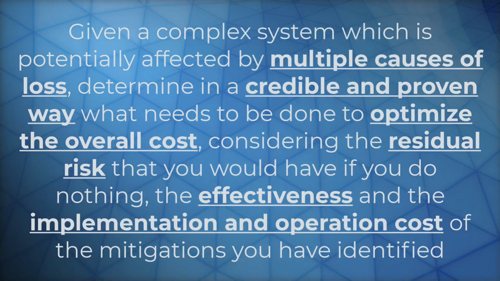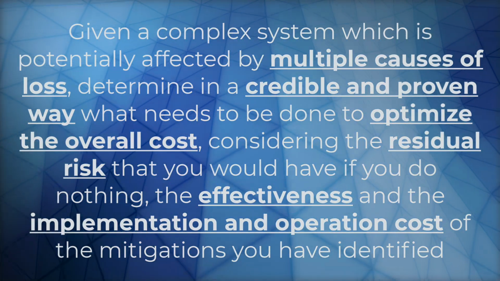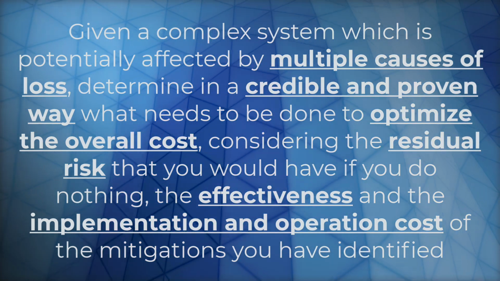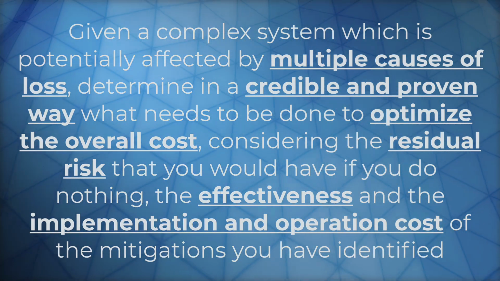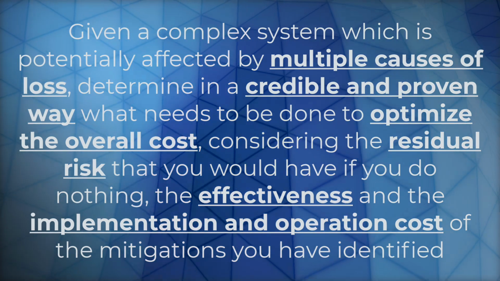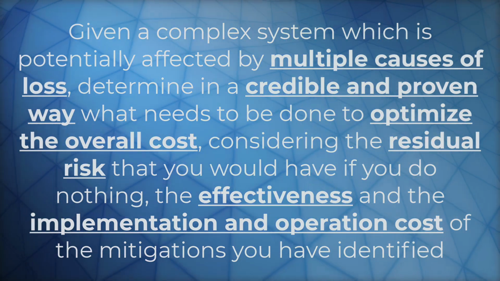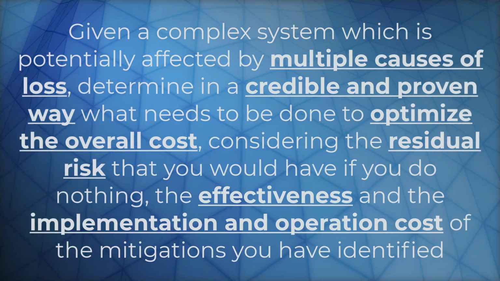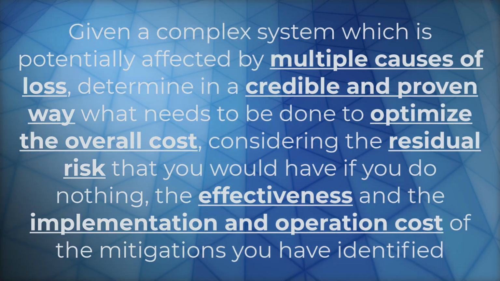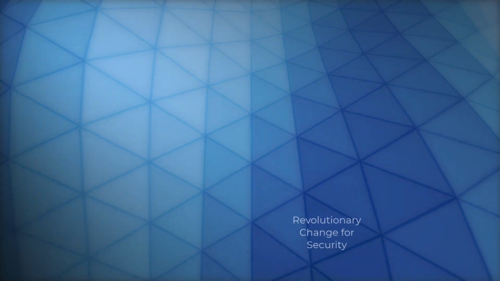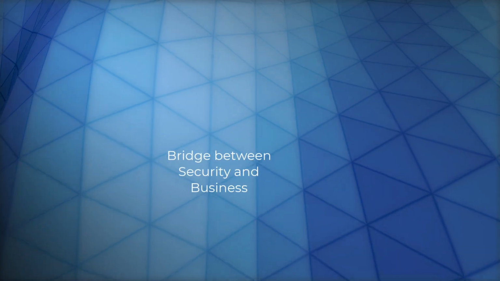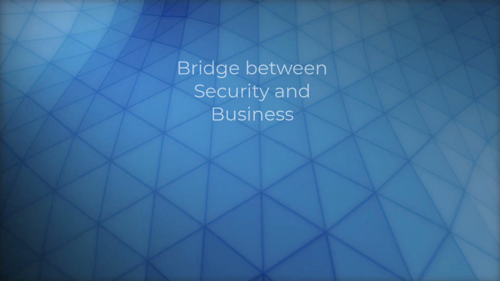Given a complex system which is potentially affected by multiple causes of loss, determine in a credible and somewhat proven way what needs to be done to optimize the overall cost for the organization, where such optimization considers both the residual risk that you would have if you do nothing, the effectiveness, and the implementation and operation cost of the mitigations you have identified. This is a revolutionary change for security, with the potential of representing a bridge between security and business decisions. That's it with the introduction.